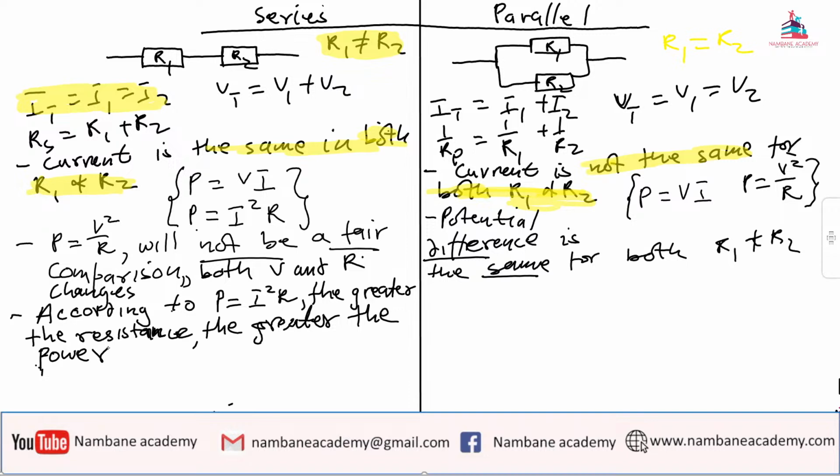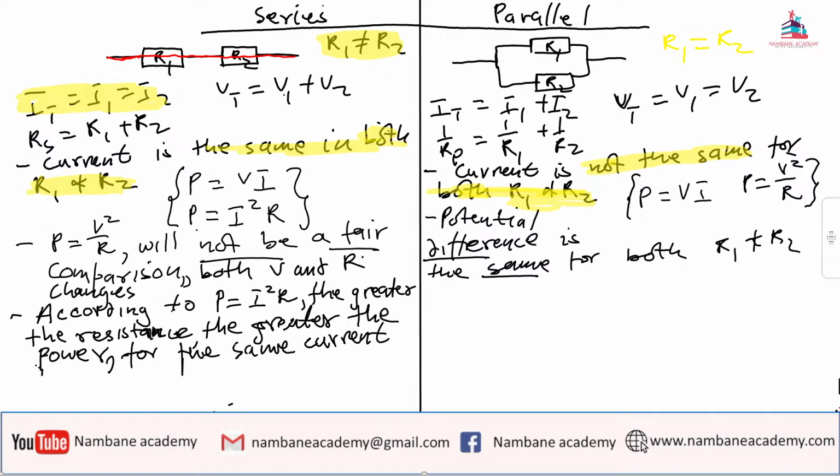But it is important to say for the same current. So the current that is passing there is the same. Remember, I said the red represents the current. So the current passing there and the current passing there is the same.